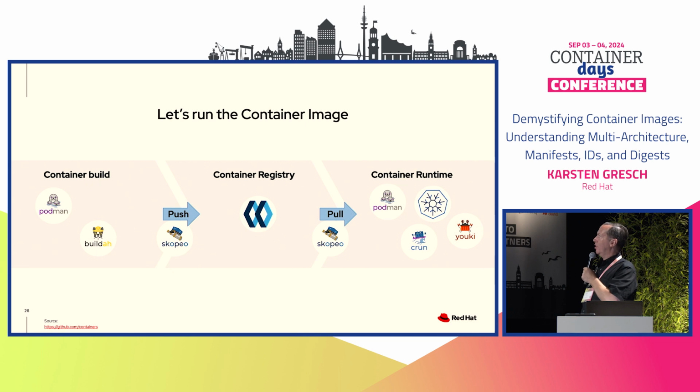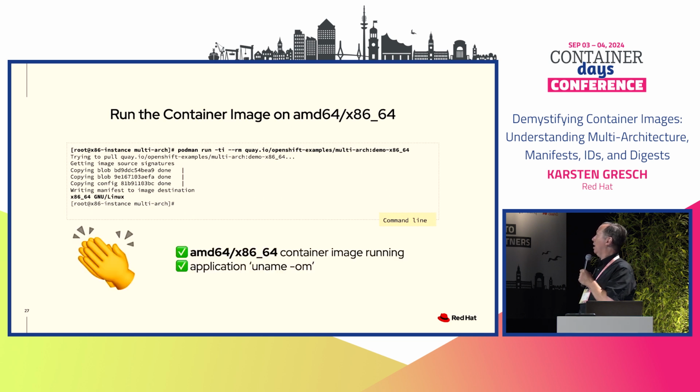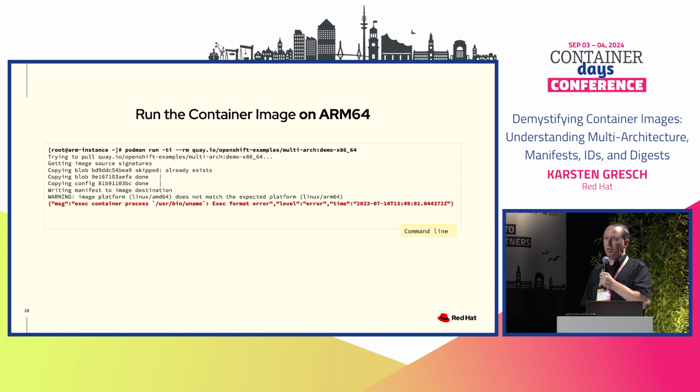Now we just run the image on an x64 machine. What we expected is that when we create an image on an x64 machine, it should also run on another machine, right? Now we try to run the image on an ARM machine.